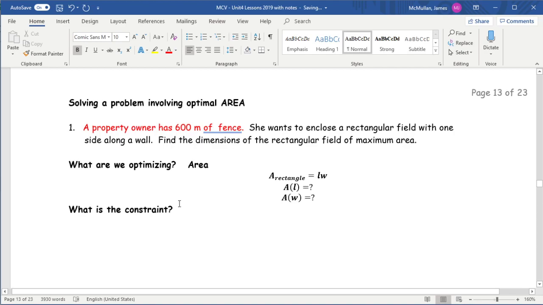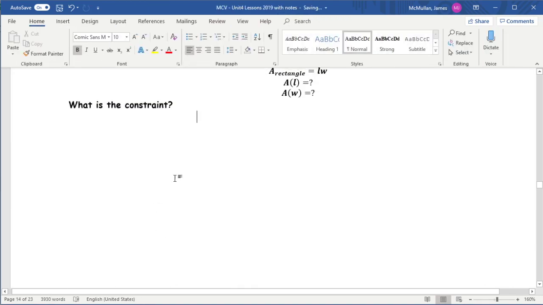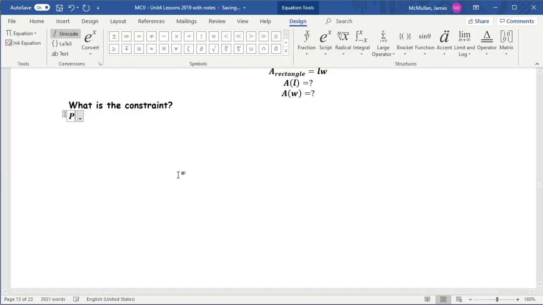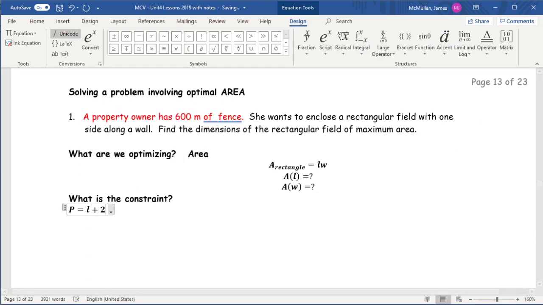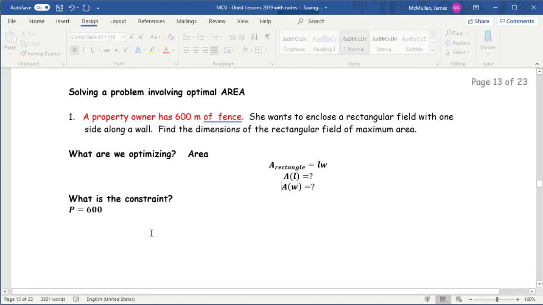It's just that we only have 600 meters of fence. This means the perimeter, which in our case is length plus 2 widths, is limited to 600. Or, let's say perimeter equals 600 first.